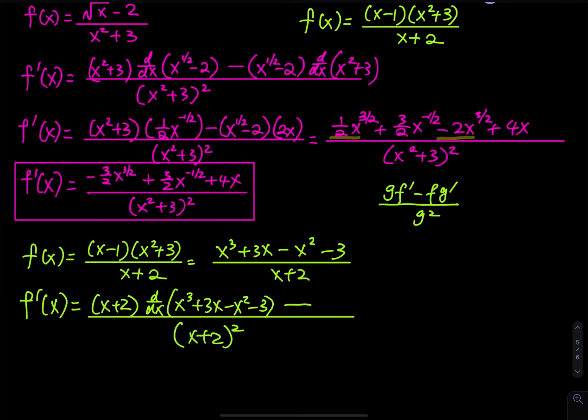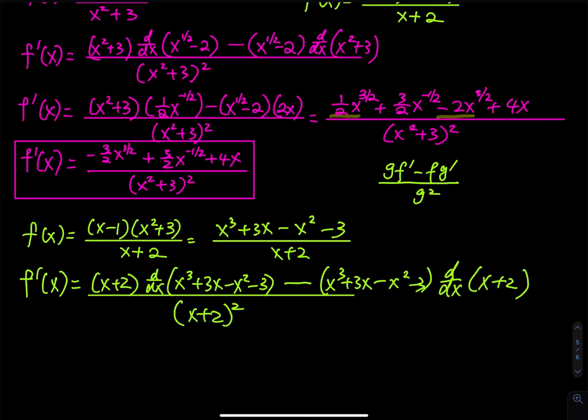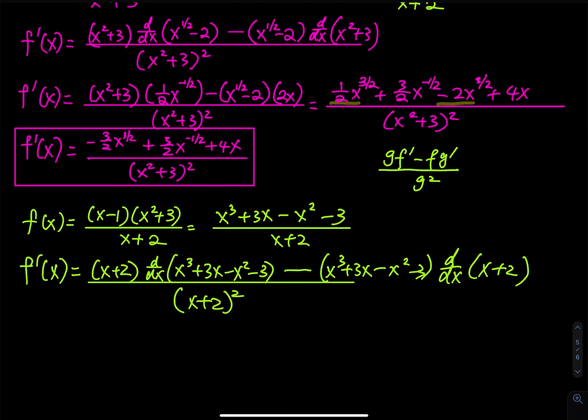And then minus, for the quotient rule, you copy the numerator, x to the third plus 3x minus x squared minus 3, and then you take the derivative of the denominator, which is x plus 2. No, don't do the square, all right? Because the original denominator is just x plus 2.